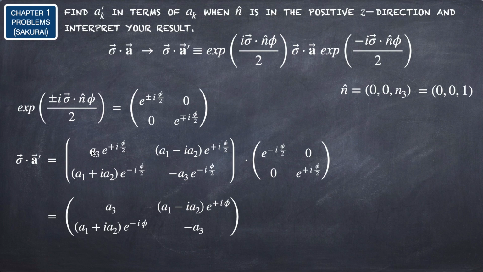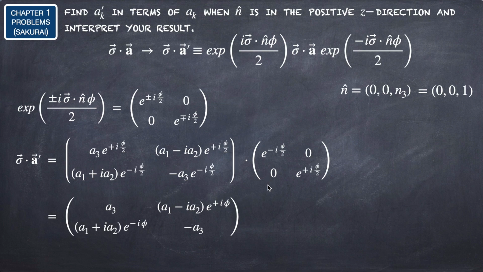And when we do that, we will have A3, the exponential with a positive and here a negative sign will be 1, and then A3. And then the first line by the second column, we will get A1 minus A2 multiplied by the exponential with a positive sign and the same, then it will result in the exponential of plus i phi, not phi over 2 anymore, but phi.